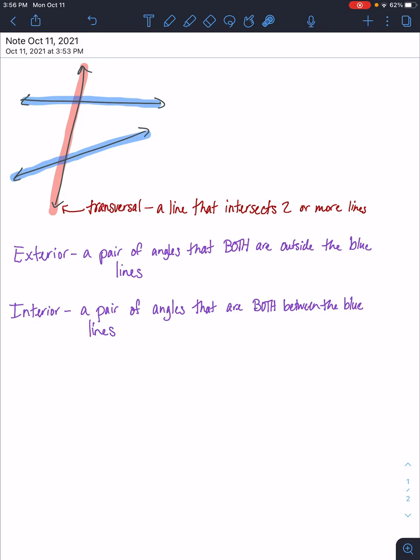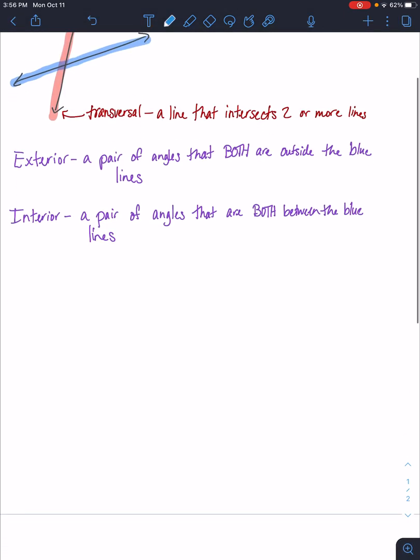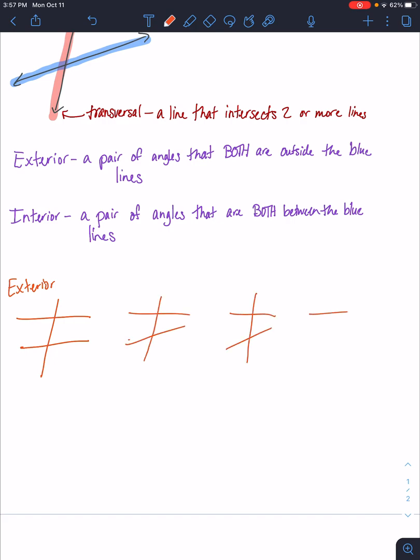So that's all fine and good, except for the fact that now, all of a sudden, we have all of these different diagrams. Let's use a new color. They could be labeled exterior. So let me draw those out really quickly for you. Two, 3, 4, 5, 6.